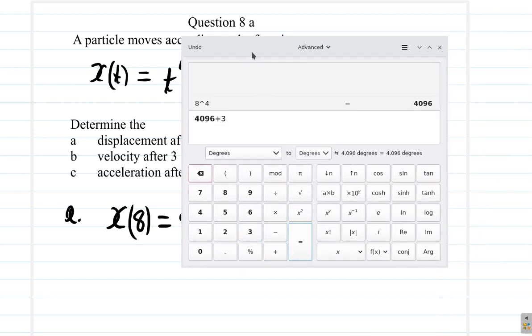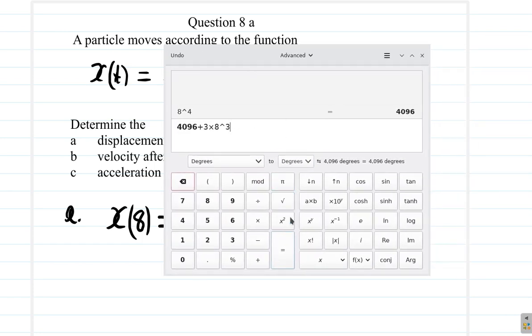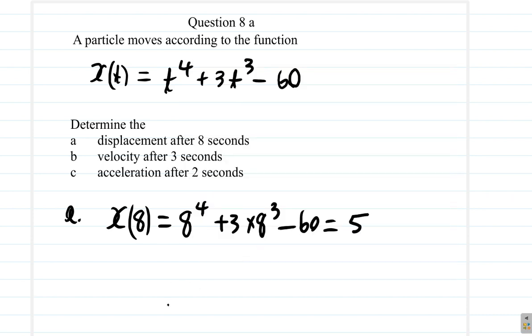Plus 3 times 8 raised to the power of 3, equals 5632, minus 60 equals 5572.